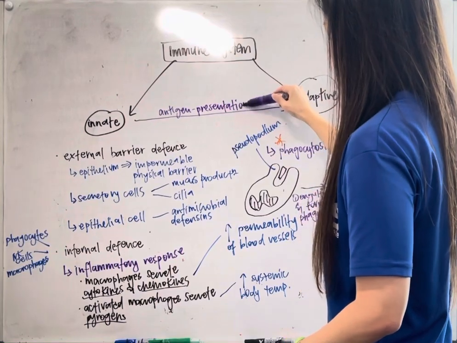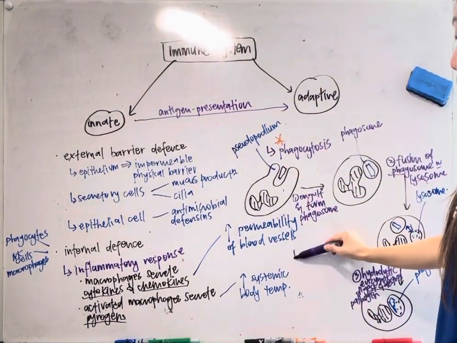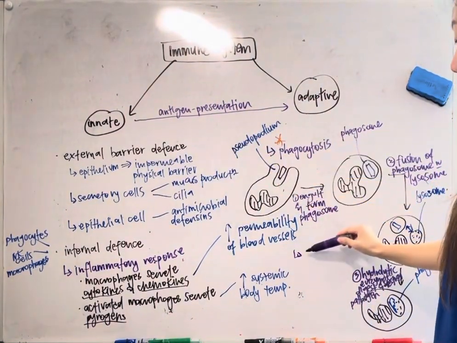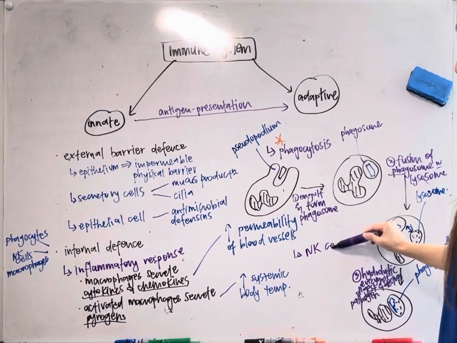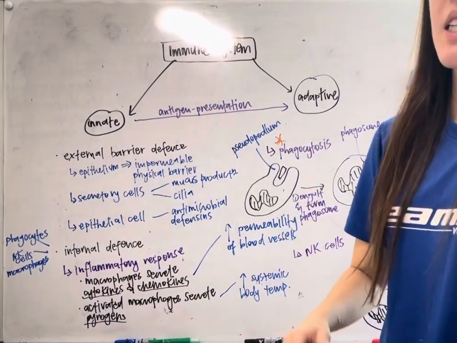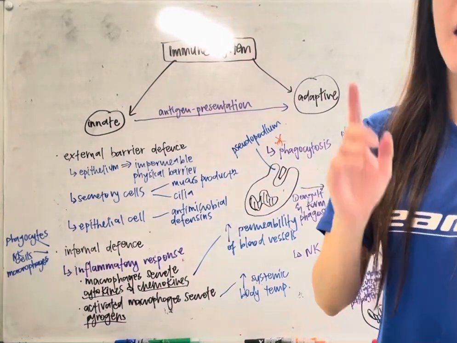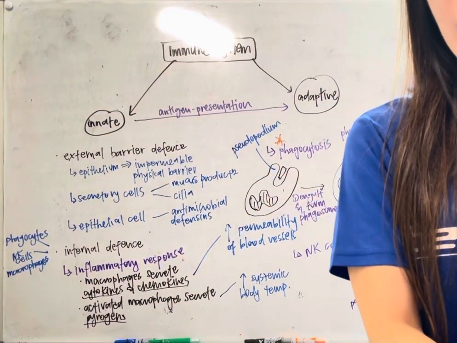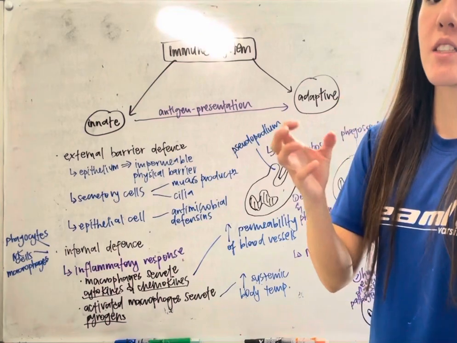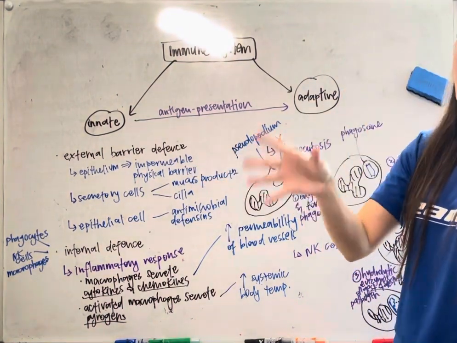Now again, the last one that brings about this internal defense is your NK cells. Natural killer cells, I repeat, are the only lymphocytes part of this innate immune response, and they are responsible for inducing apoptosis of those cells that are already infected or even cancerous cells.